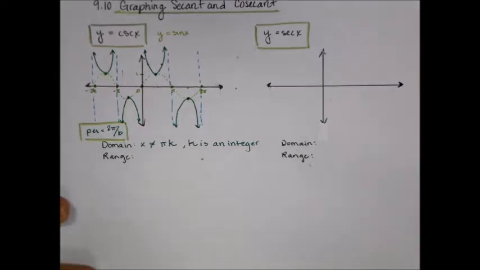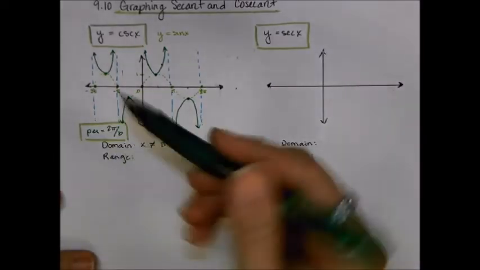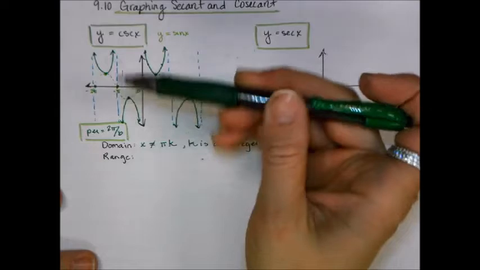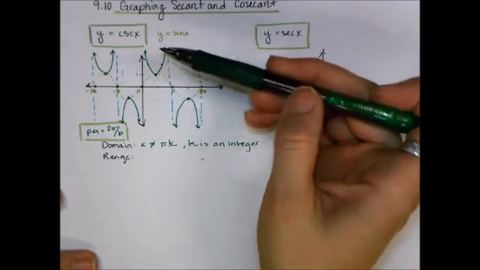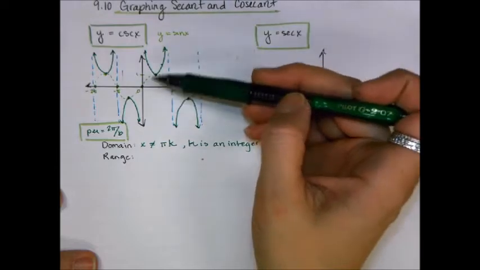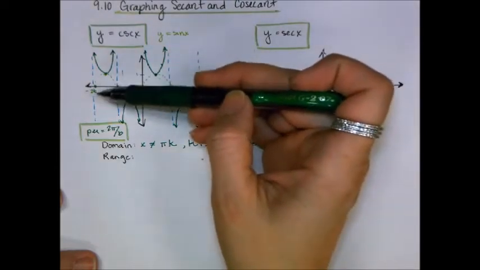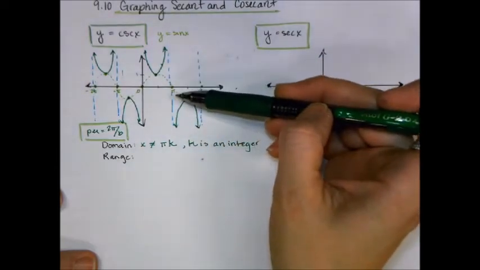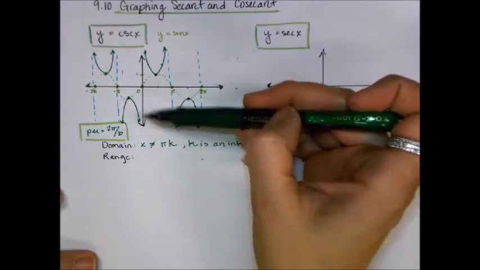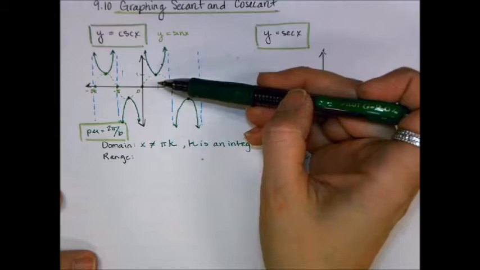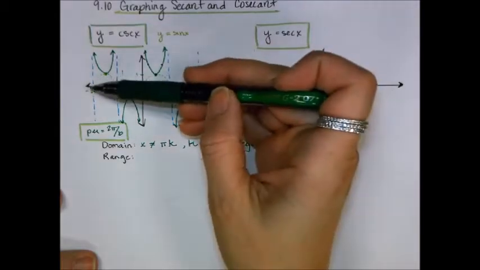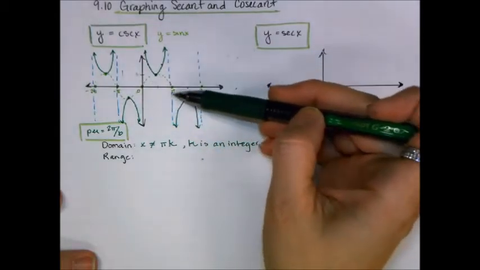In writing the range, we always want to write lowest y value to highest y value. You'll notice that it's not negative infinity to infinity because there's a range of values that's missing. So we want to say negative infinity up to negative 1, and then 1 to infinity. So we don't actually include any values between negative 1 and 1.